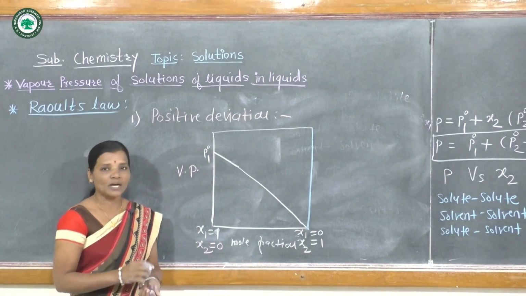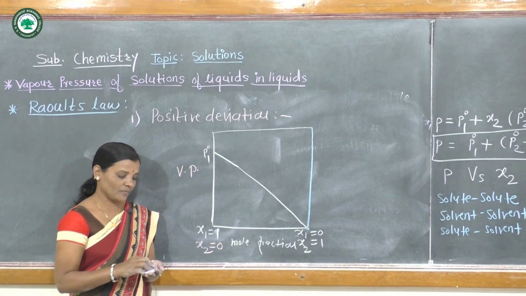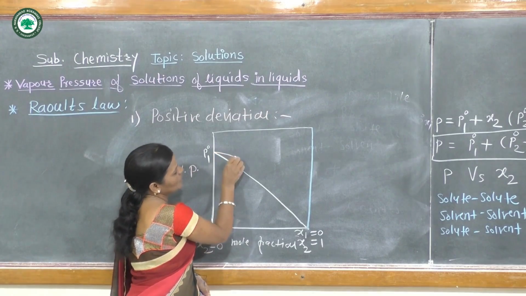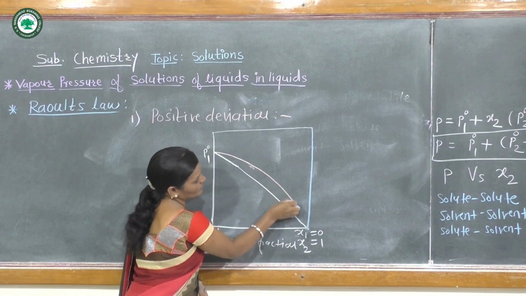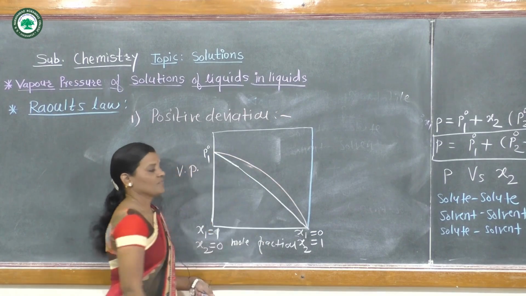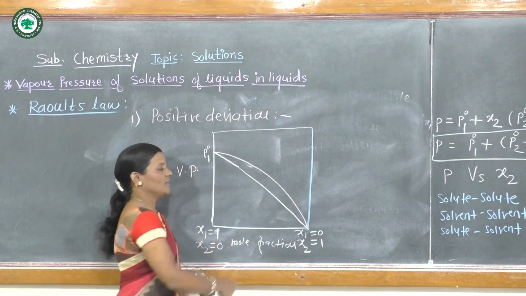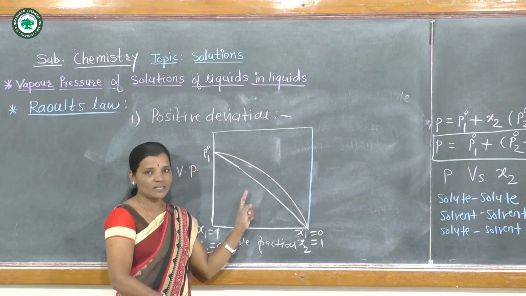Now this is for an ideal type of solution. In case of positive deviation, for the first component the graph observed is like this. A straight line is not obtained. A curve is obtained, which is above the straight line for the ideal solution.